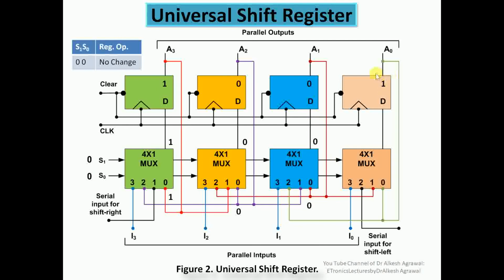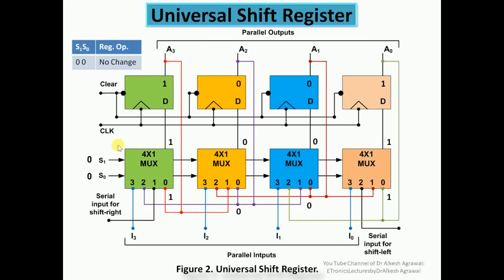And if we assume that the fourth flip-flop has 1 stored in it, that 1 will come through this connection to this 0 input, and with 0 0 selection, it will be selected out. So whatever value is stored in the register, 1001, the same value is selected out of the multiplexers, 1001.